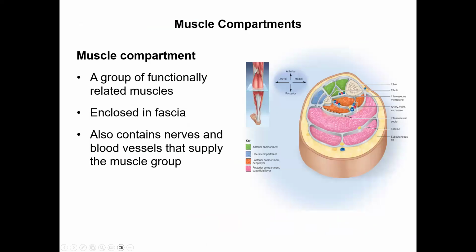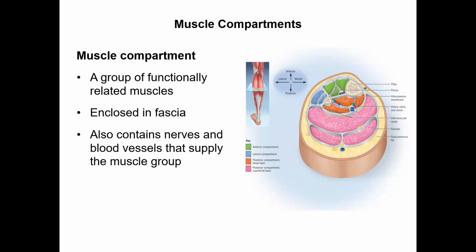Okay. Now, muscle compartments. A muscle compartment means there is a group of muscles which is functionally related. They're all doing the same job. For example, what are the movements here of your arm? What is this called? Coming close to flexion. And what is this? Extension. So these are the flexors, and these are the extensors.